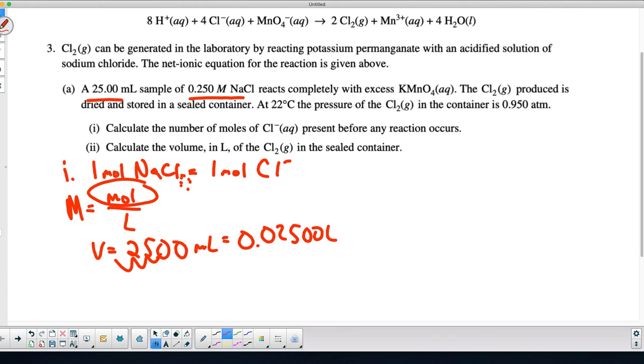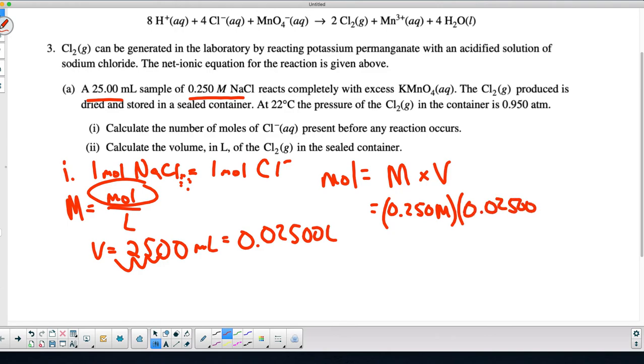So here's what that looks like. Moles equals M times V, which equals 0.25 capital M times 0.02500 liters.